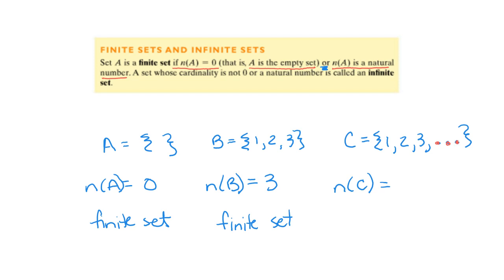So we can never finish counting. All right, so the cardinality in this case does not exist. It is not 0. And it is not a natural number. I'll put that bold N here for natural number. So therefore, this is infinite. This is an infinite set. It goes on forever.